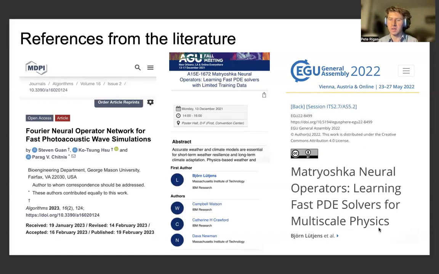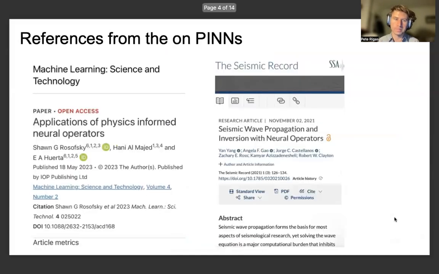And then we can see in the final reference here that the Matryoshka neural operator, from the same authors, also presents another use: obtaining fast PDE solvers for multi-scale physics, for trying to see different ways that physics on different scales can be studied and approximated by a PDE solver.